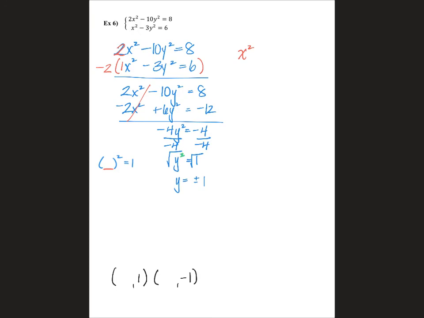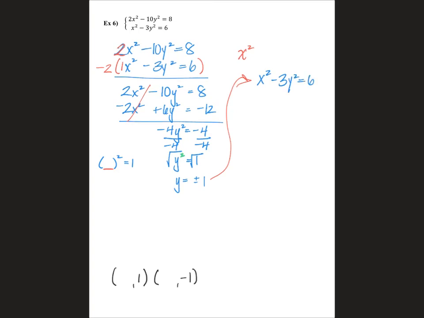So let's go back and substitute. I'm going to start with my +1. Going back to either equation, it doesn't make a difference. I'm actually going to choose the second one because it has a smaller leading coefficient.